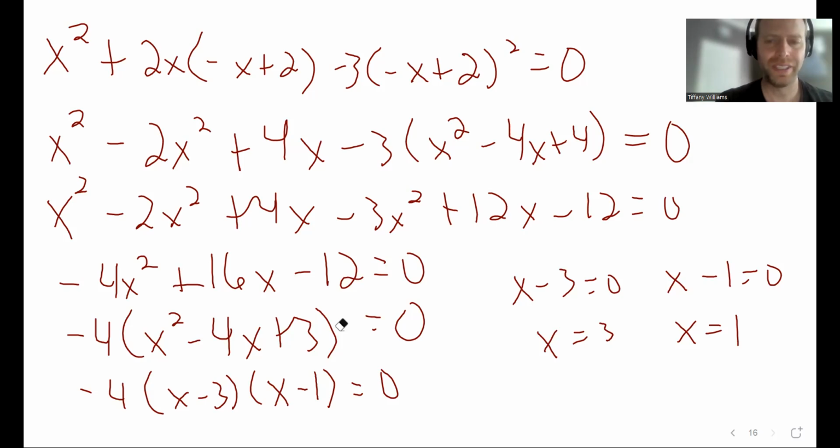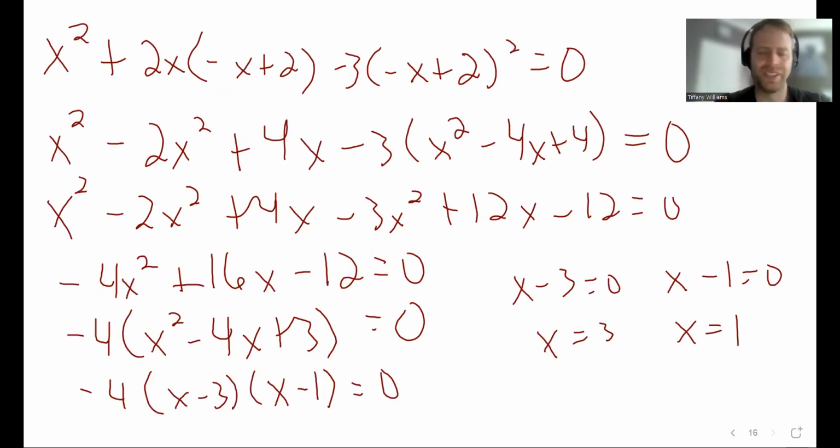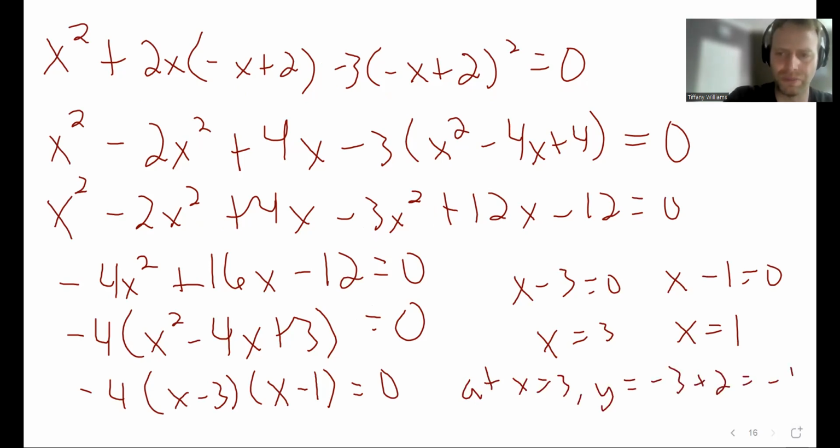Okay. All right. So to find the y coordinate to that, just take 3 and remember, we know that x equals 3. Well, what does y equal? And that'll tell us the point. It's on this line, but it's also in the equation. So at x equals 3, y equals, remember, it's negative x plus 2, so negative 3 plus 2 gives you negative 1.